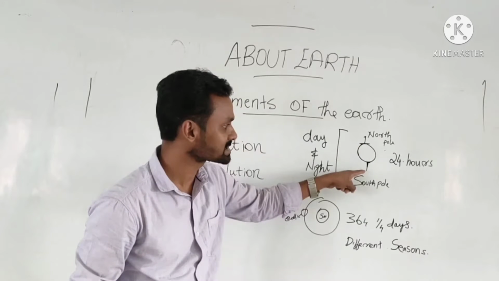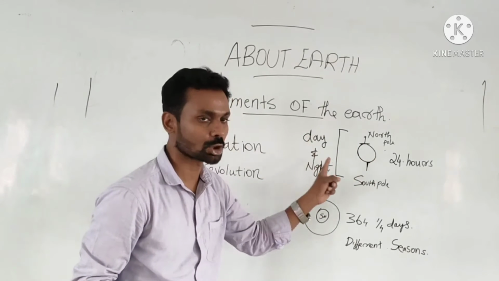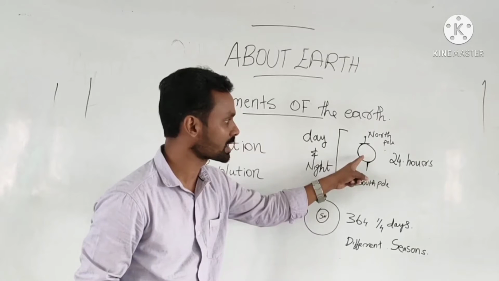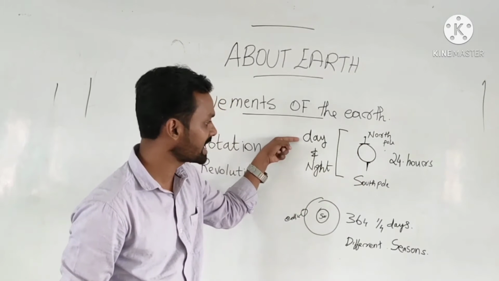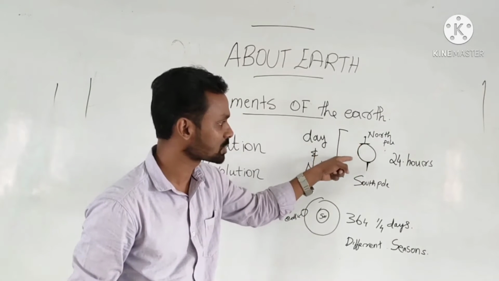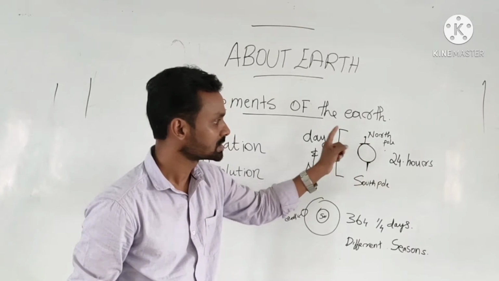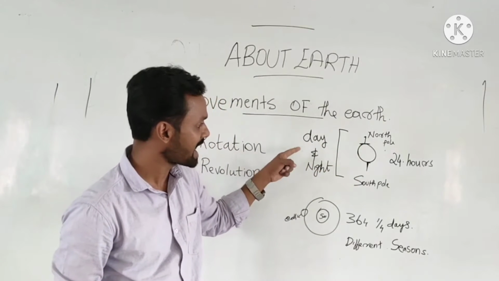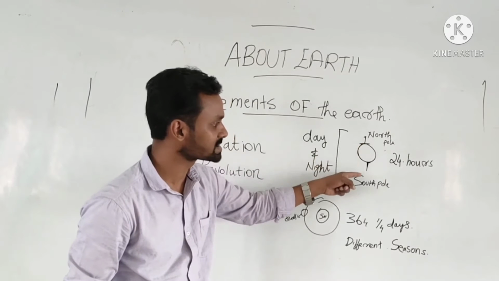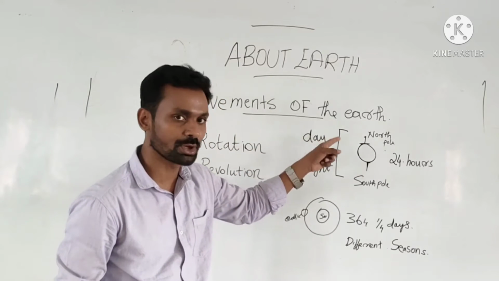On this axis, the Earth rotates. That is why we have day and night. Since it is rotating on this axis, we get day and night. That rotation on its axis is called rotation. I hope you understood.